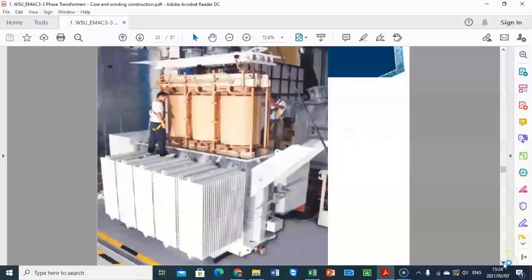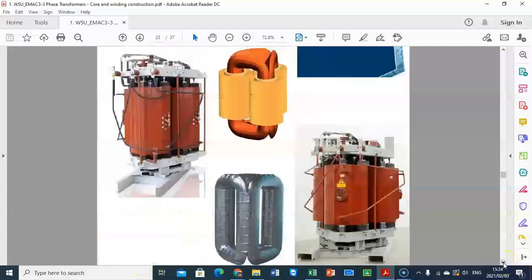Again, you can see a transformer here, and what we see is a bank of 3-phase transformer, with phase A, phase B, phase C windings on it, and that's how it's going to look from outside.